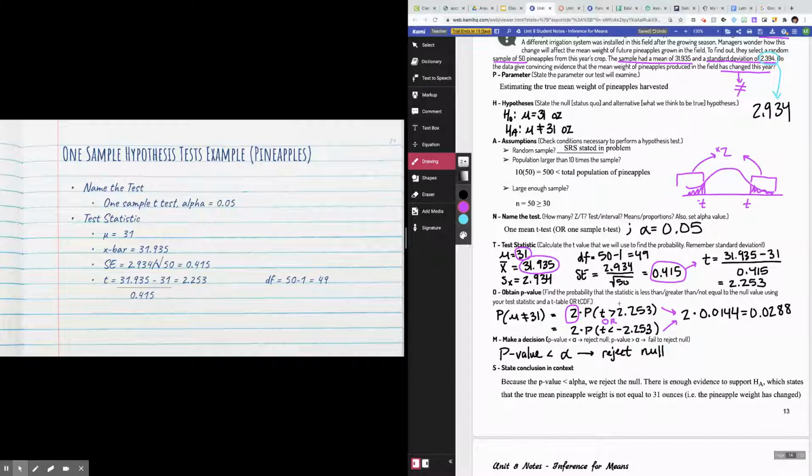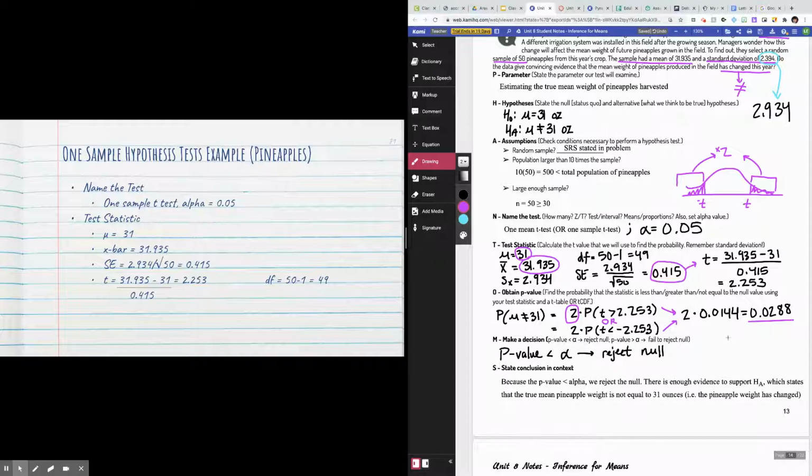Okay, right? So when I plugged this into my calculator, one or the other, you don't have to do both, I got that the probability of greater than 2.25 or less than negative 2.25 was 0.0144. So I'm going to take that value, multiply it by 2, and this is what I got, 0.0288.